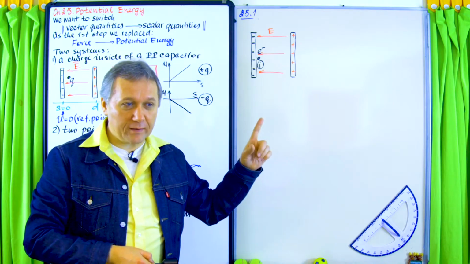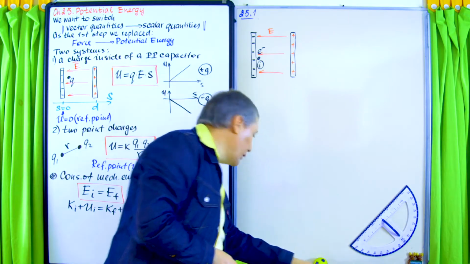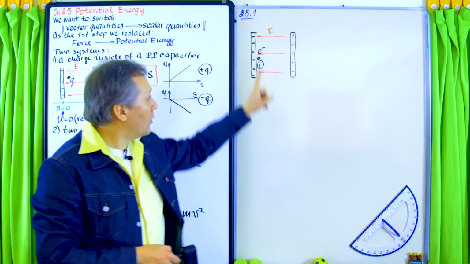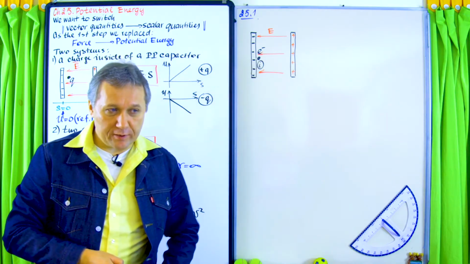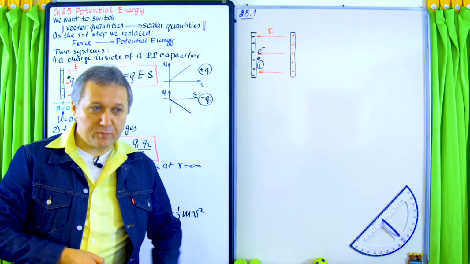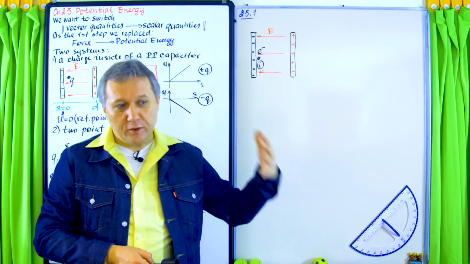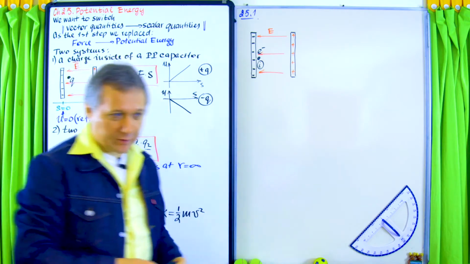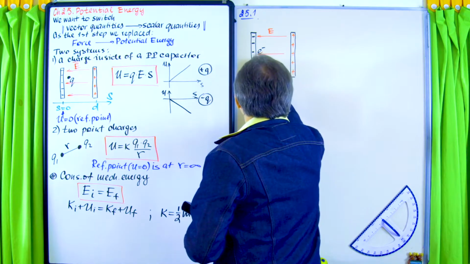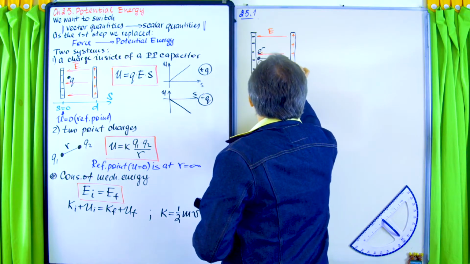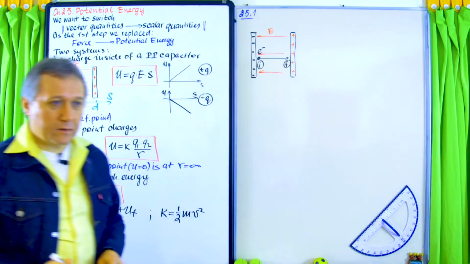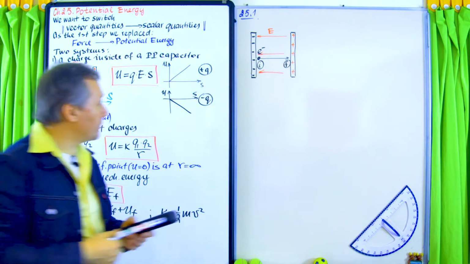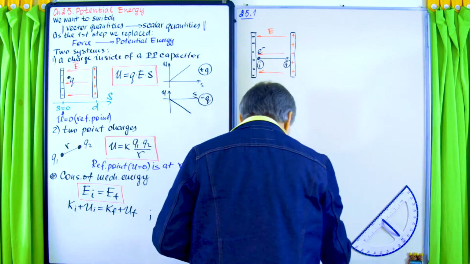We will have to find the final velocity of the electron just before the positive electrode, when it's about to collide with it. So this will be basically a trajectory. This will be our final point near the positive electrode. Now let me write what is given.